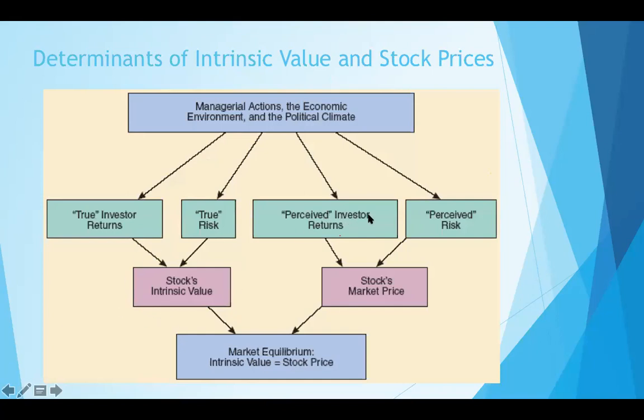But for us, for investors, for outsiders, we don't know. So we have perceived returns and perceived risk related with that company. So we can see the stock's market price. In markets, this should be equal or very close, right?